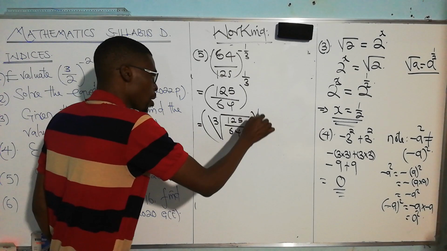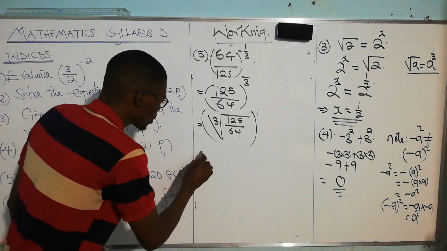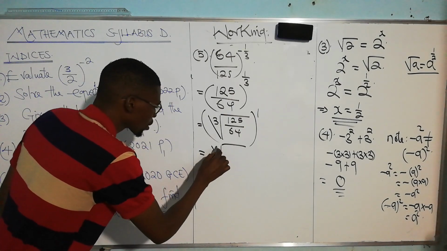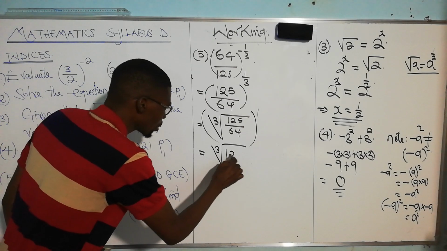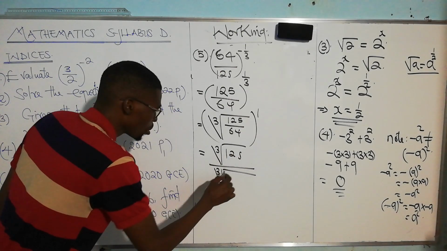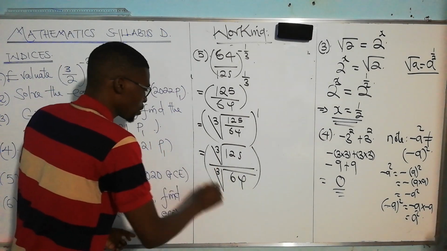To the power 1, because the numerator is a 1, which is the power in this case. So this will mean cube root of 125 divided by cube root of 64. So this is coming from everything to the power 1.